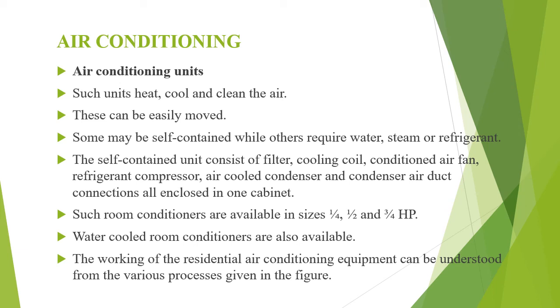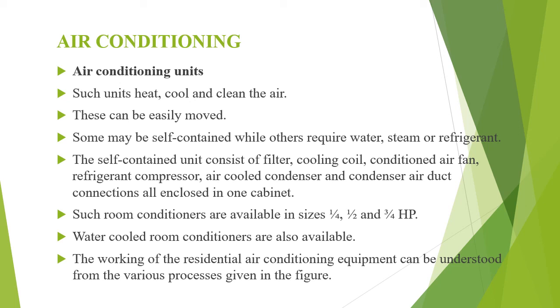The self-contained unit consists of filter, cooling coil, conditioned air fan, refrigerant compressor, air-cooled condenser and condenser air duct connections, all enclosed in a single cabinet. Such room conditioners are available in sizes of 0.25 HP, 0.5 HP and 0.75 HP. Water-cooled room conditioners are also available.